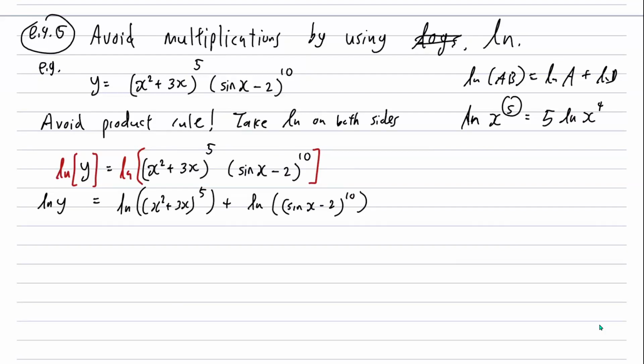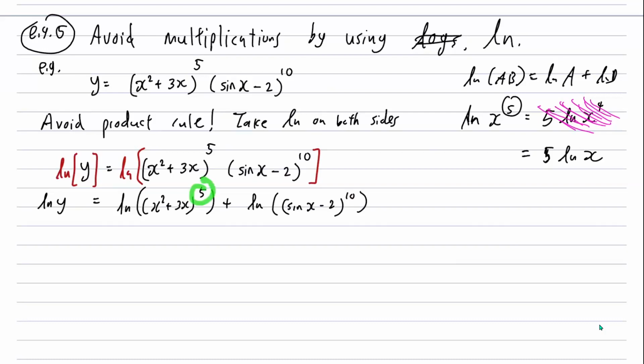No, that's differentiation. What's the logarithm rule? We can bring down the power. Yes, you simply bring down the power. ln x to the power 5 is just 5 ln x. Done. Okay? Bring down the power.